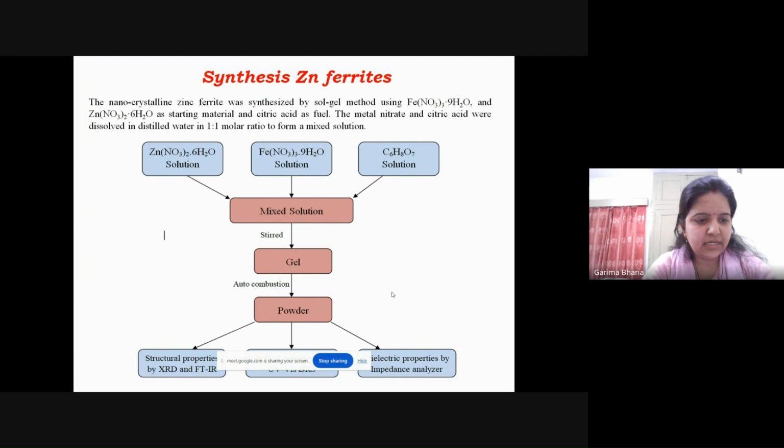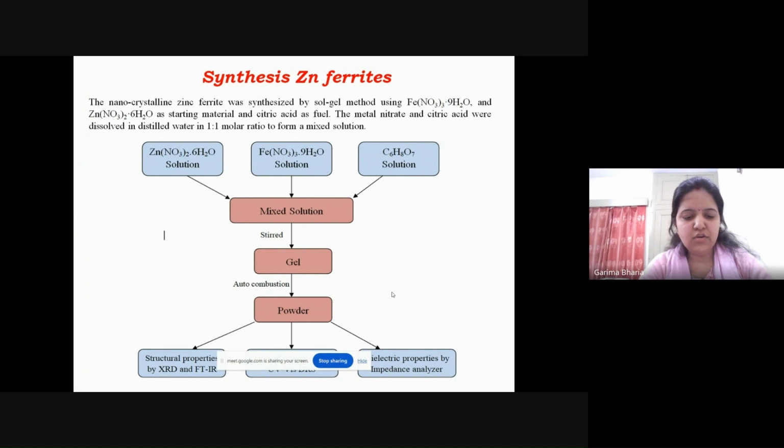Initially, the metal nitrate and citric acid were dissolved in distilled water in 1:1 molar ratio to form a mixed solution. This solution was kept on a magnetic stirrer with a hot plate. To obtain the precipitate gel, the powder form is obtained by an auto-combustion process at 150 degrees centigrade.